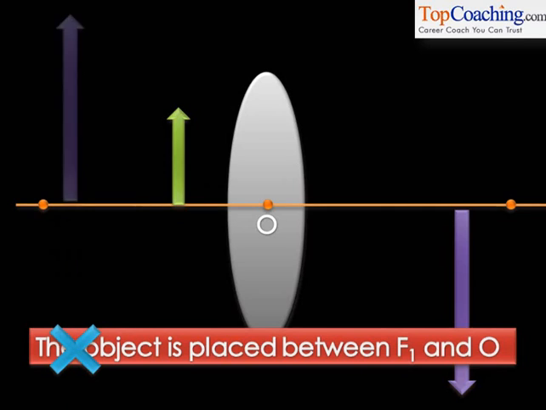In fact, this is the virtual image that is formed when the object is placed between F1 and O. So there you go. We have solved this problem. Hope you understood it. Sometimes problems seem complicated at first glance, but as I said, when you draw diagrams, they become so much easier.